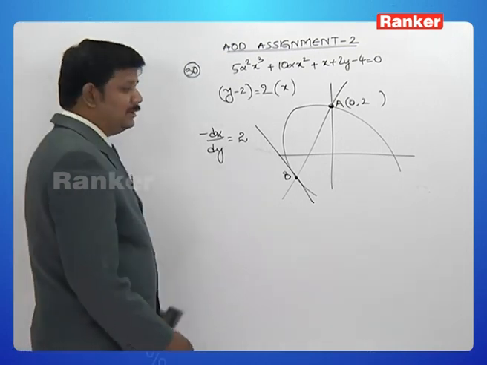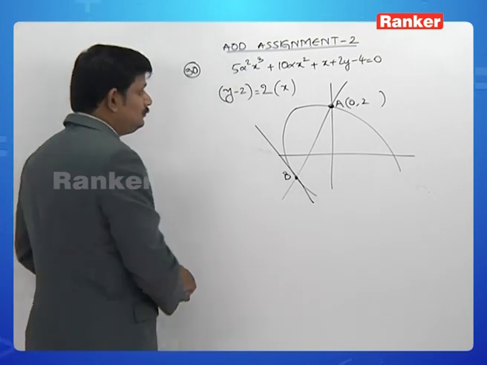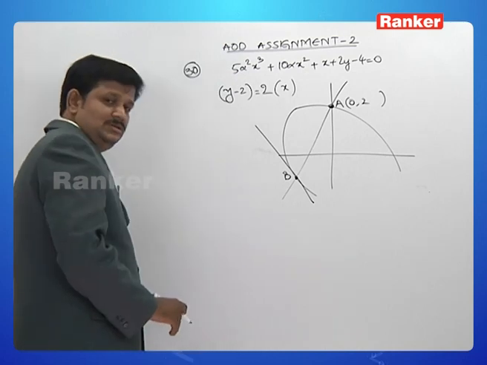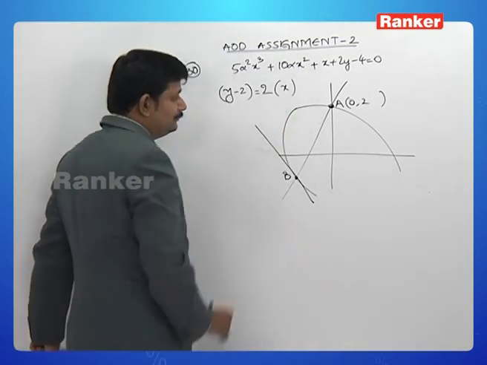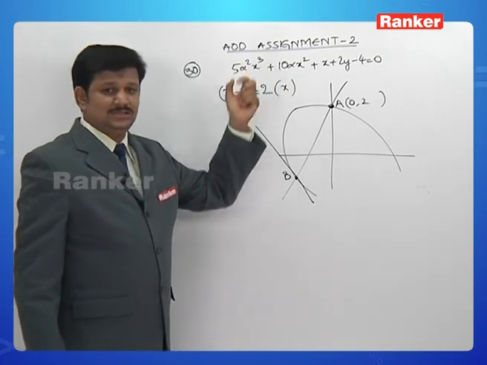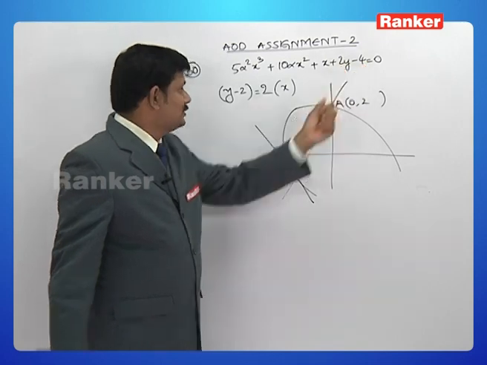So, to find the point B, let me solve the normal at A, that is y minus 2 is equal to 2x, with the curve again. Wherever you see y minus 2 in this equation, replace it by 2x.